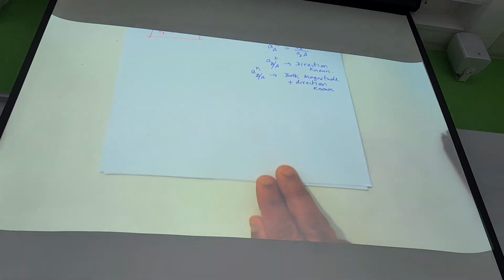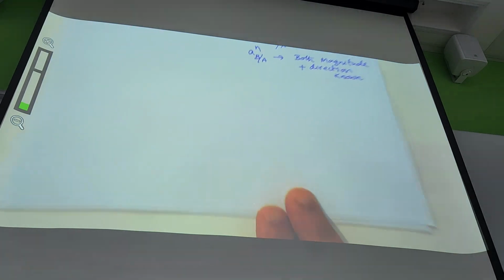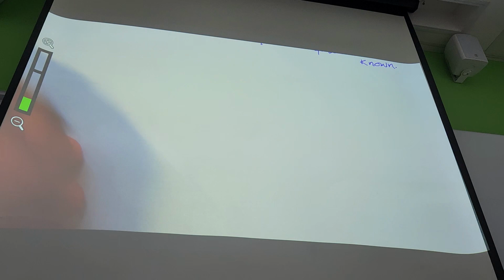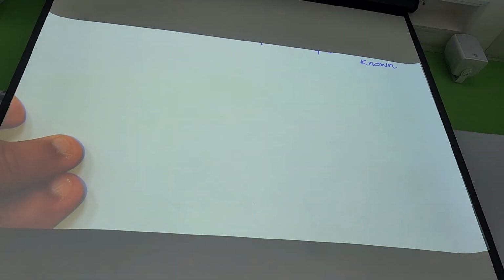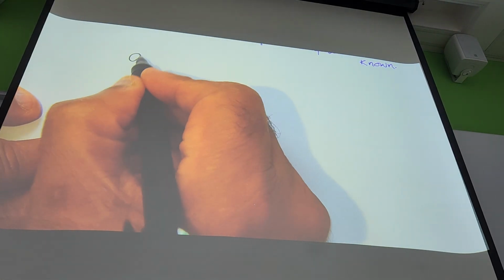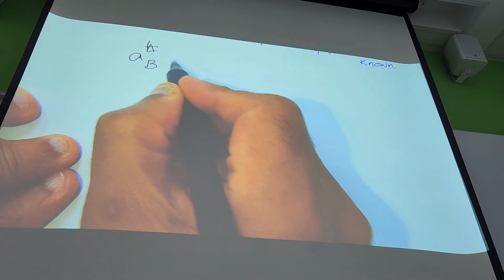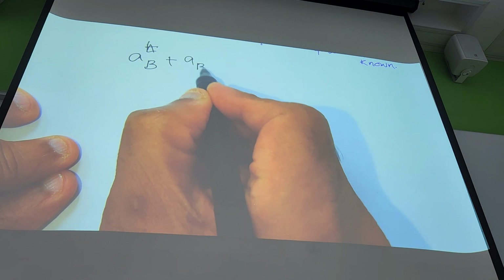I'd like to do this once again. So it is simply acceleration of B normal. First I write tangent plus acceleration of B normal.